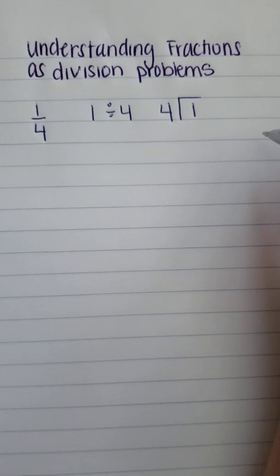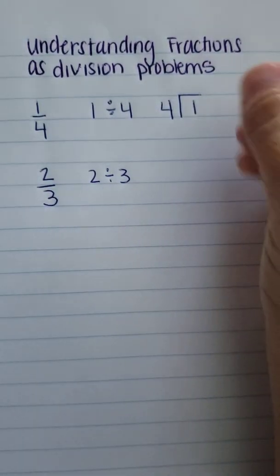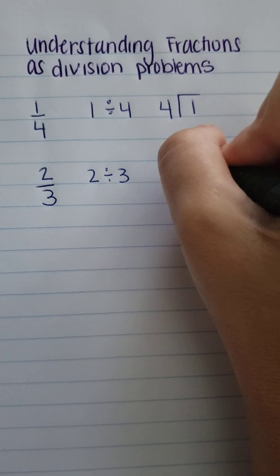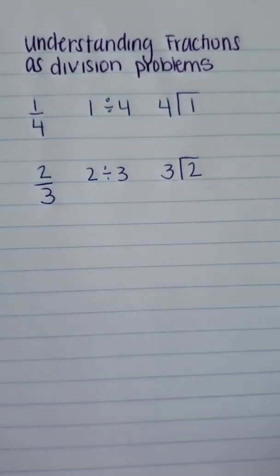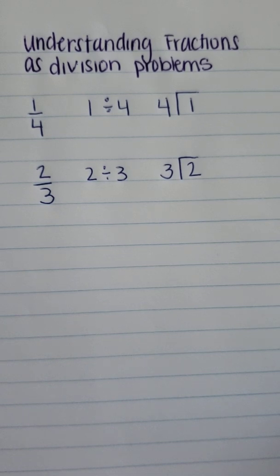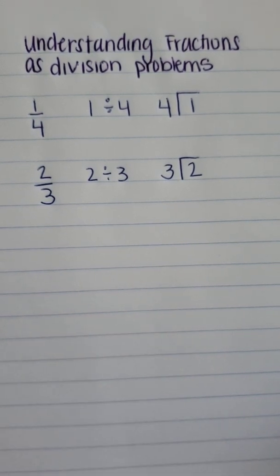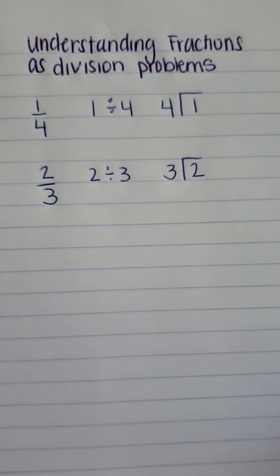So all of these represent the same thing, as well as 2/3. 2 divided by 3 can also be written as numerator in, denominator out. 2 divided by 3. Okay, so this part doesn't seem very confusing at all.